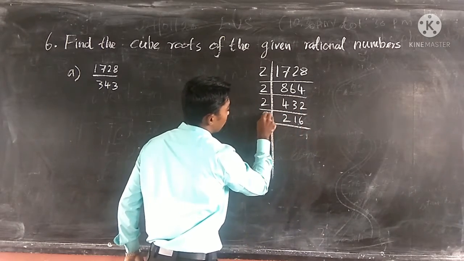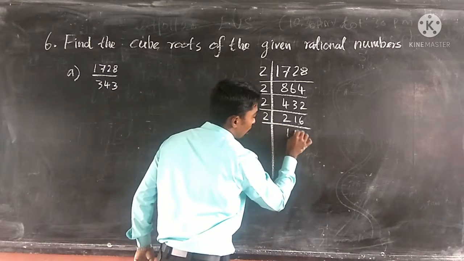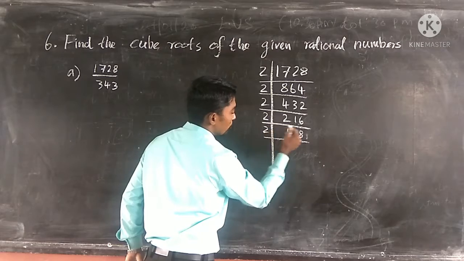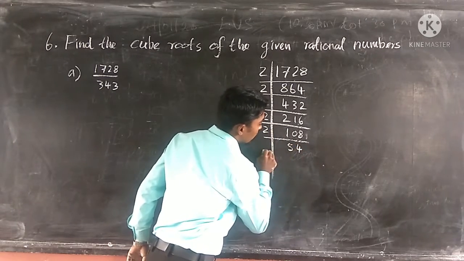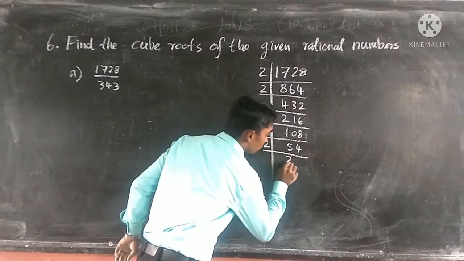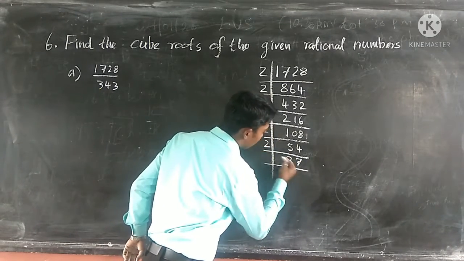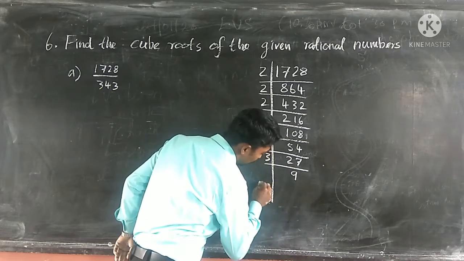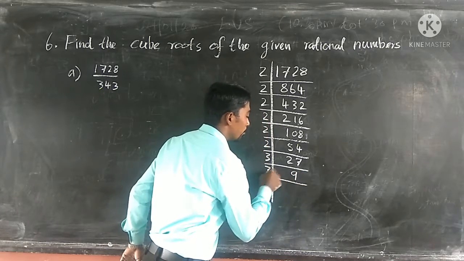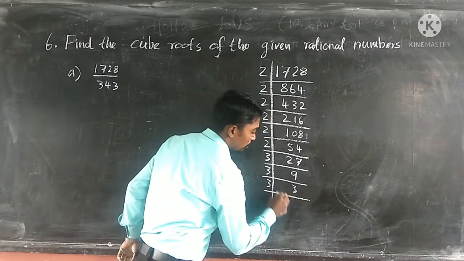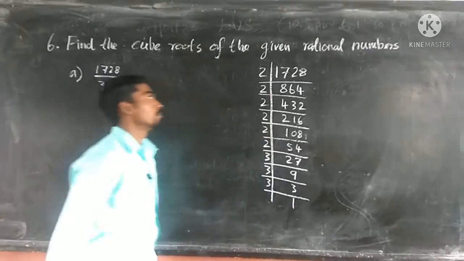We can divide this number by 2, we will get 108. 108 we can divide by 2, we get 54. 54 can divide by 2, we will get 27. 27 we can divide by 3, we will get 9. 9 we can divide by 3, we will get 3. 3 we can divide by 3, we will get 1.